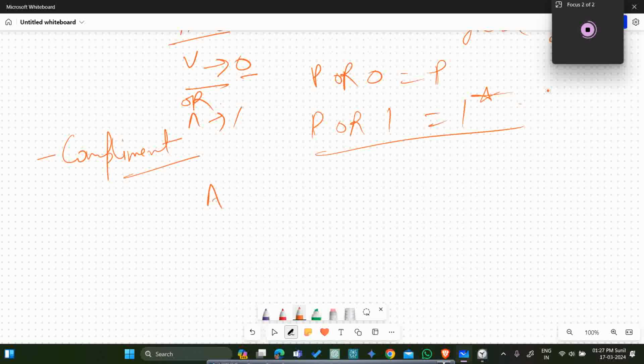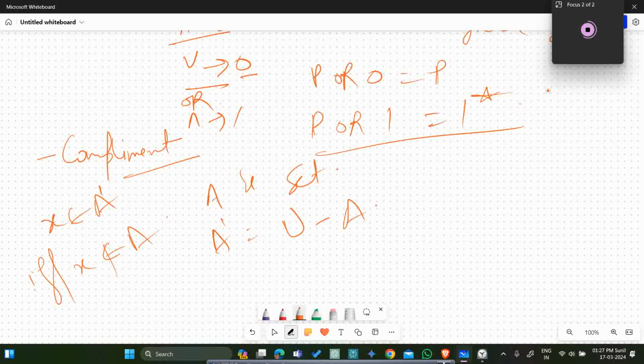Let's say A is a set, then A complement would be the universal set minus A. Let's say X belongs to A, then X belongs to A dash if and only if X does not belong to A. This is how complement works.